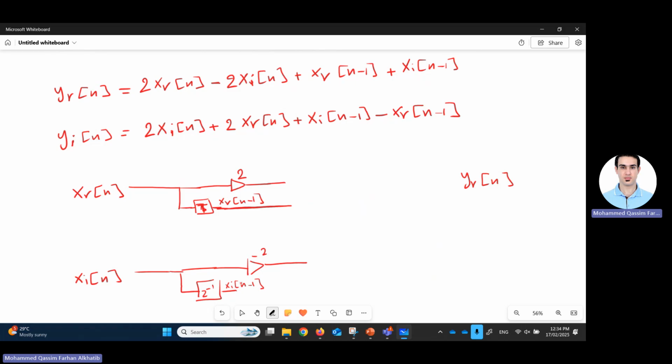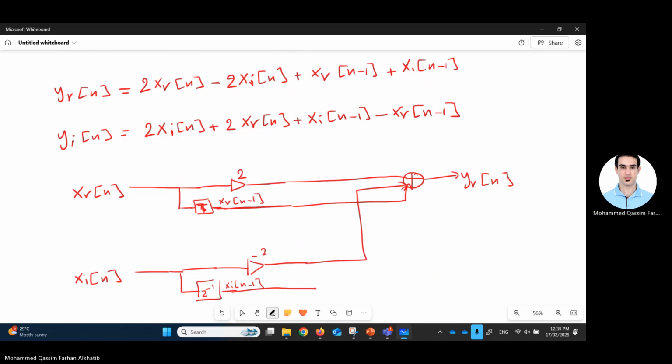Plus x imaginary of n minus 1. So you can simply have this adder here. You can have it like this. So that's the imaginary part.